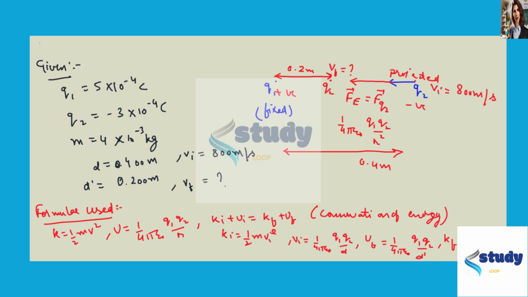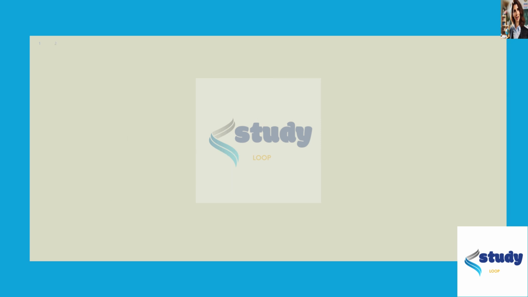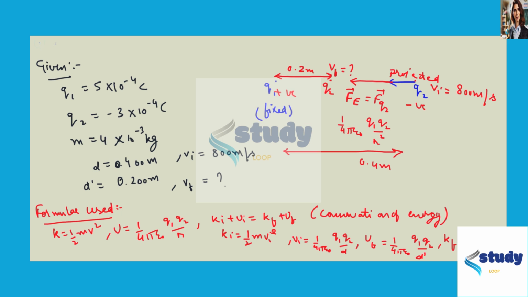So we have to find out this quantity Vf. So we have K final equals to Ui plus Ki minus Uf, using this equation.